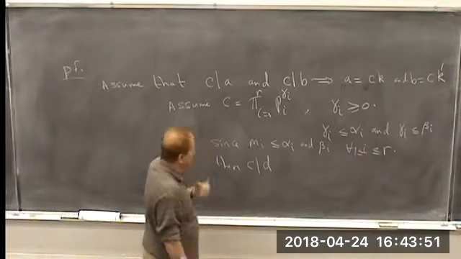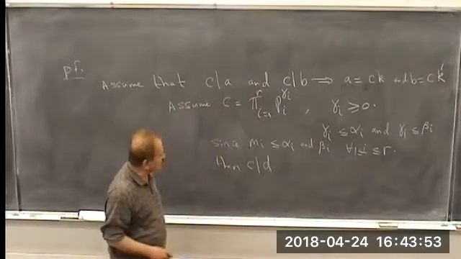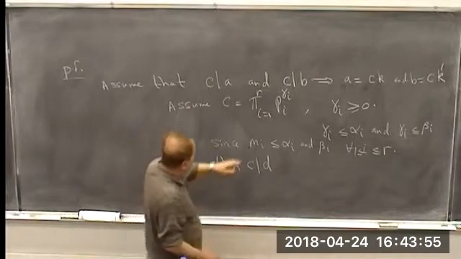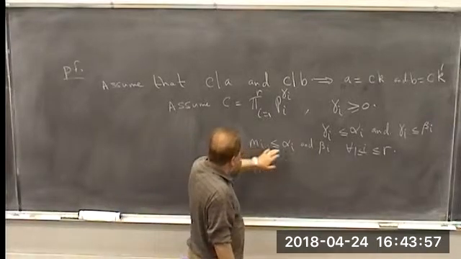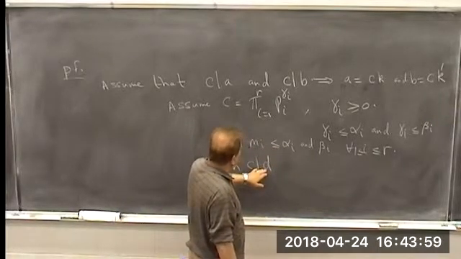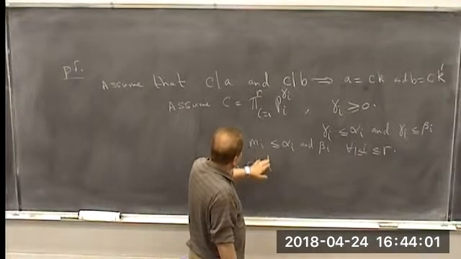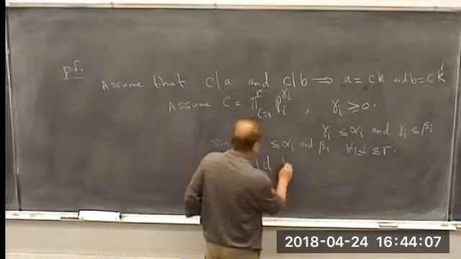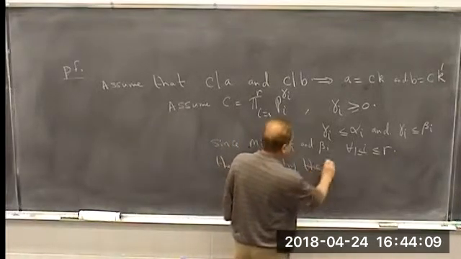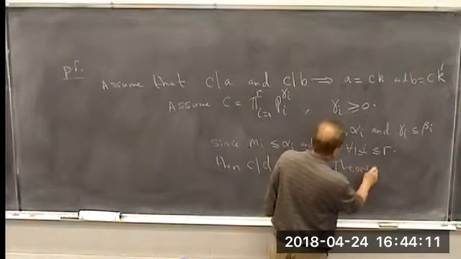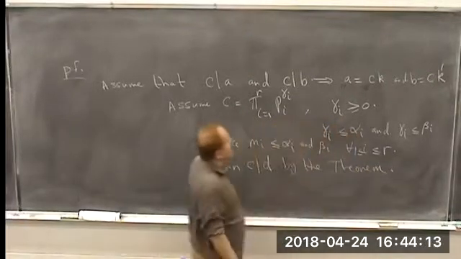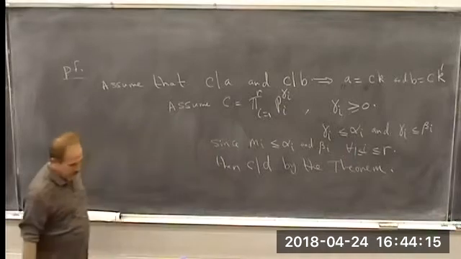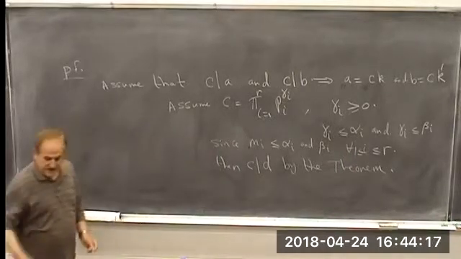So we have the m_i, and these are the exponents of the d, and since they are smaller than, this is by the theorem. Yeah, we are done, which means that d is the greatest common divisor.